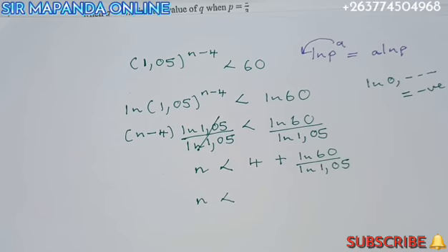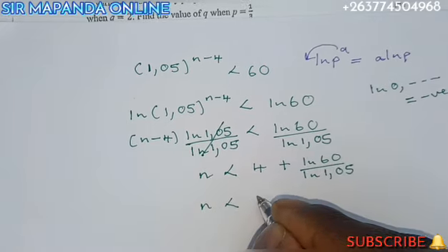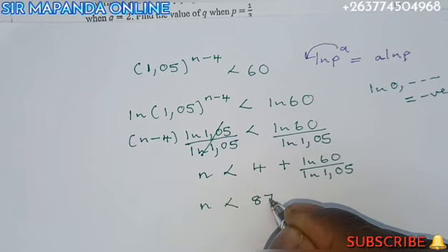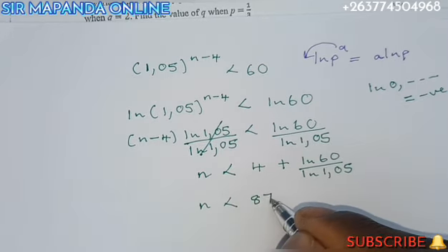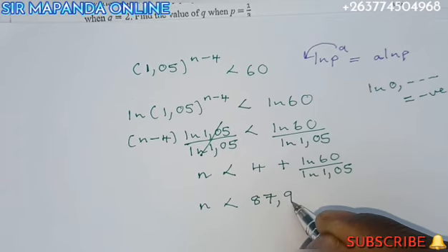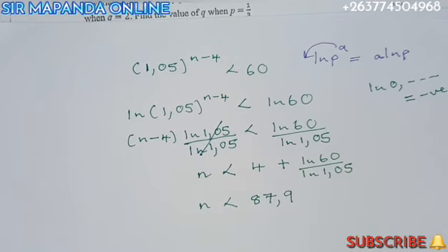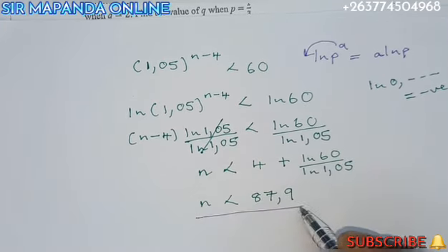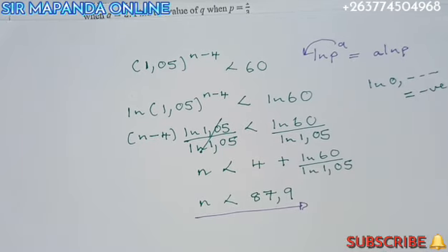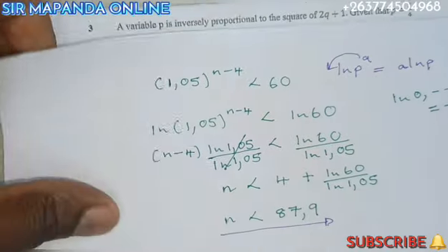You get 87,9. 87,9 to 3 significant figures. So this is the solution. I hope you are following class. Right. This is part A of the question.